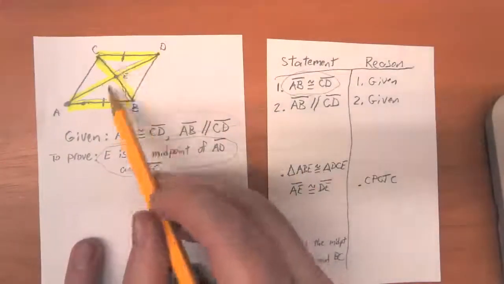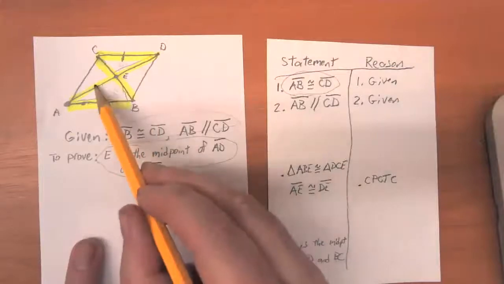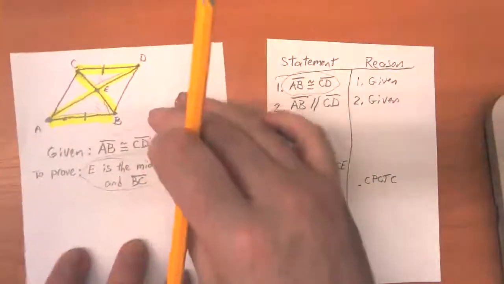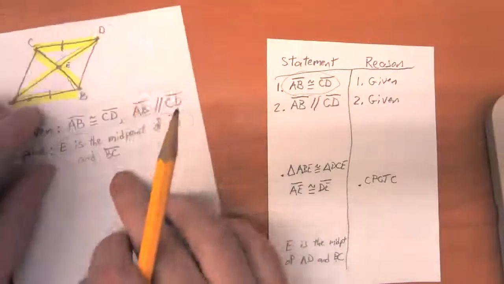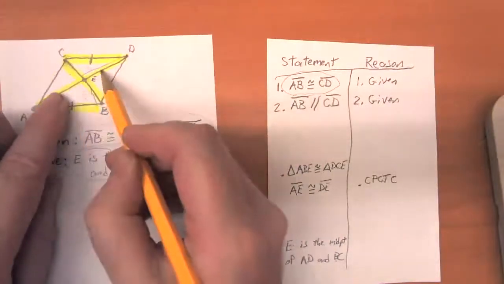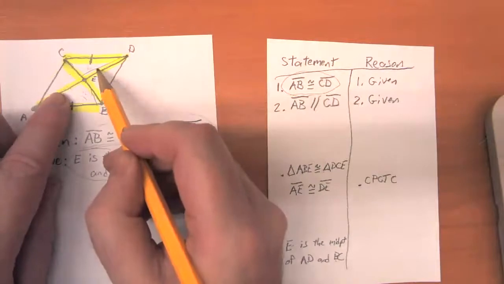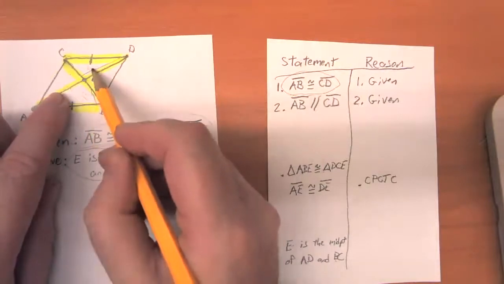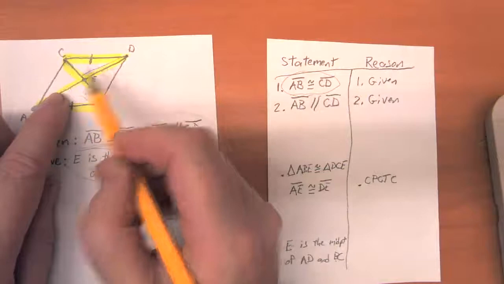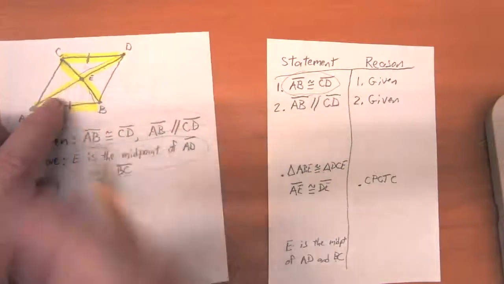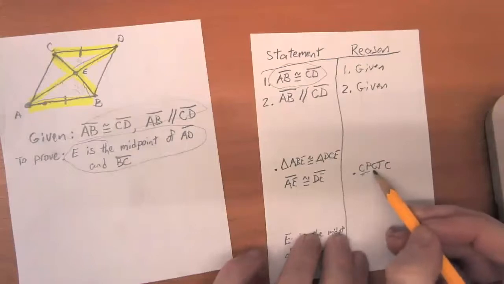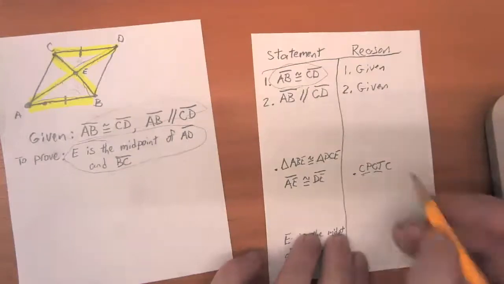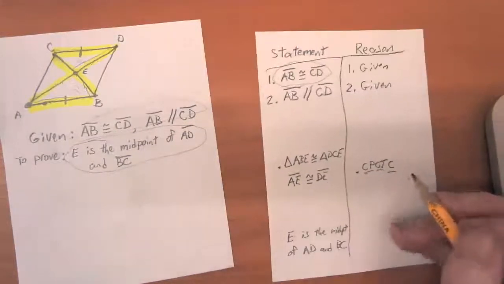If these two triangles are the same size and the same shape, you can imagine rotating this 180 degrees. When you do that, this side and this side line up with each other. And because these two triangles are the same size and the same shape, and those two sides line up with each other, they've got to be the same length because they're corresponding parts of those two congruent triangles. So they must be congruent.